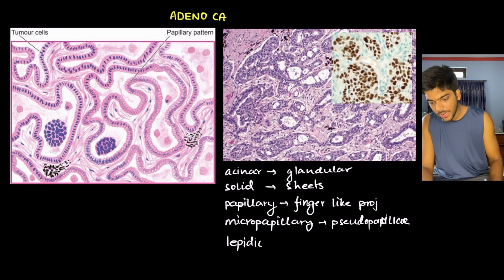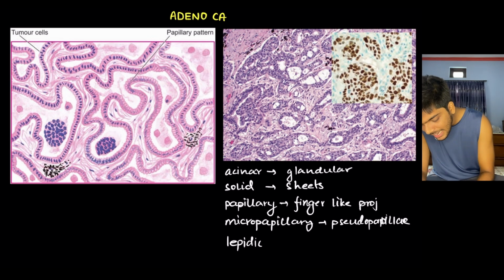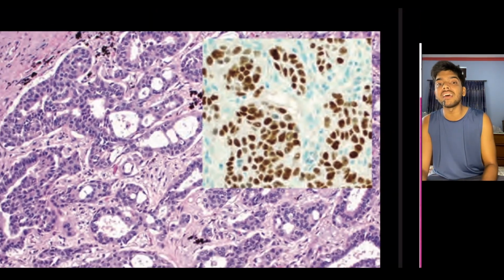I'll explain what Lepidic pattern is. Wait. So what is this? This is the microscopy of immunohistochemistry. And all these darkly stained cells that you see right here, they are the tumor cells. And the reason these tumor cells are darkly stained is because of the presence of tumor marker in them.